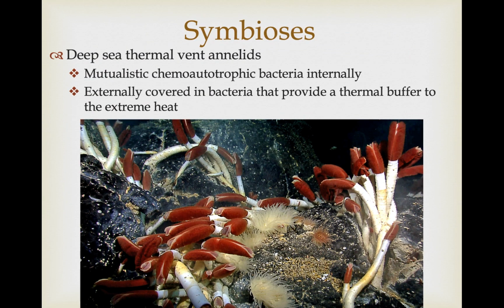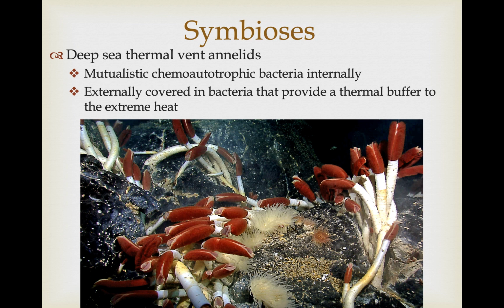As I mentioned, the beard worms, those found at like the deep sea thermal vents, have mutualistic chemoautotrophic bacteria living internally in these tentacles or these ctenidia-like structures that are used for both foraging and exchanging of gases.